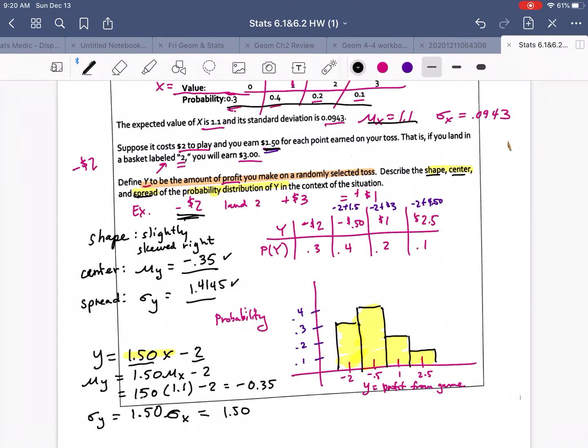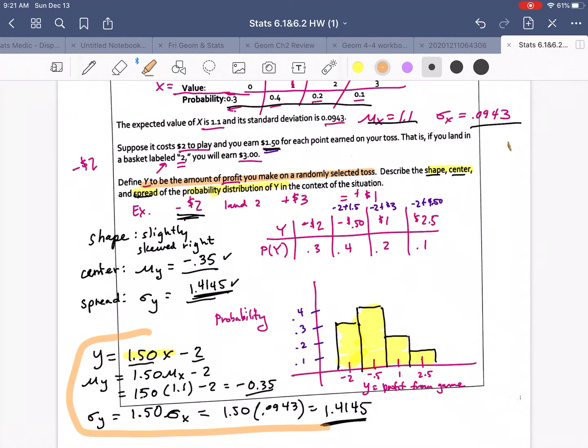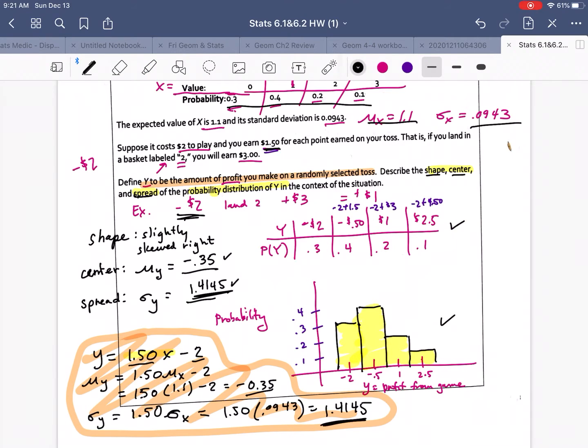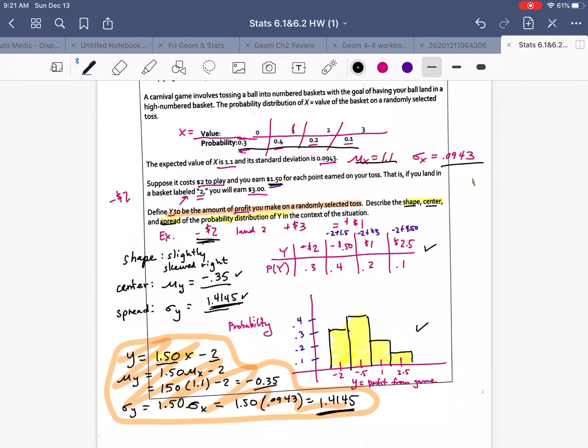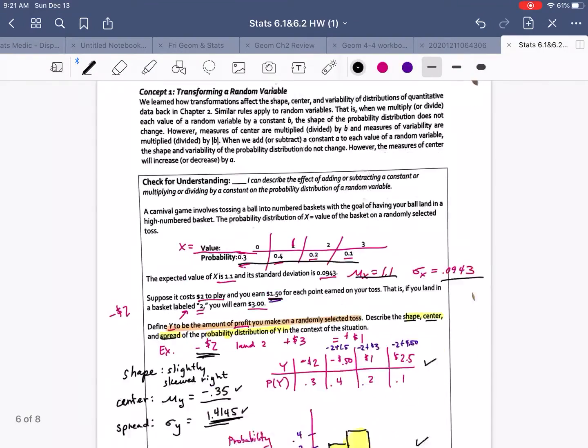So if we do that, 150 times sigma x, 0.0943, we actually get exactly the same measure of spread, even without using the technology. So this question is much faster if you use these observations from class. However, the same is true. We could check this calculation by actually doing out the example.